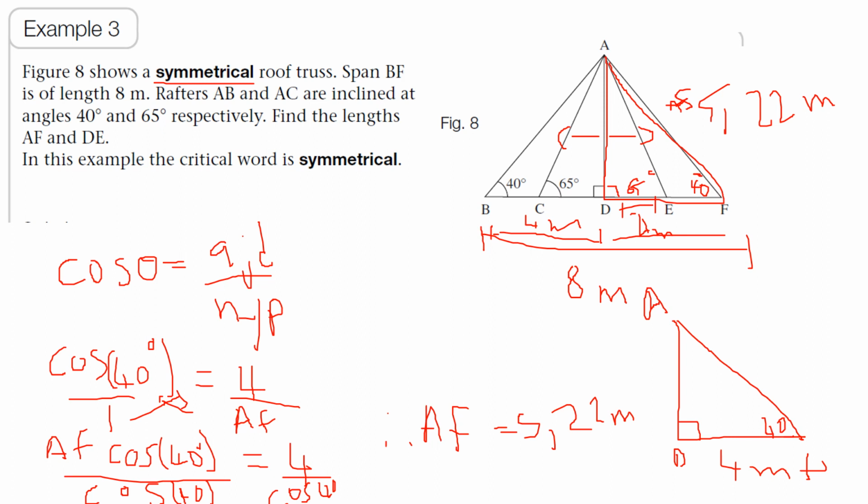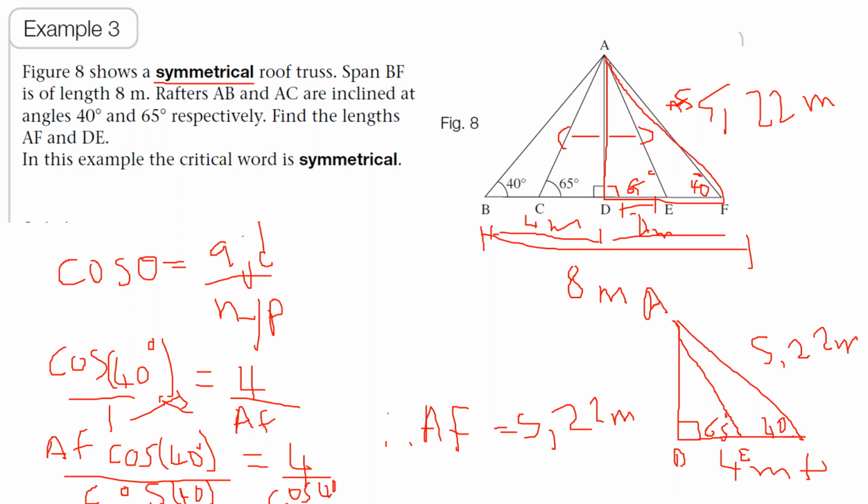So now let's say we have AF as 5.22. And there's a line which makes E here. The good part is that they give us the angle here as 65, because of symmetrical parts.